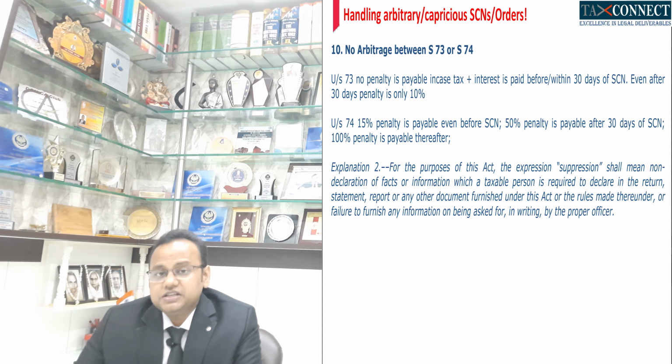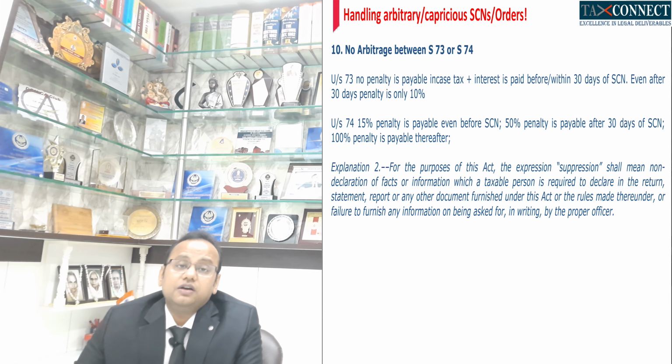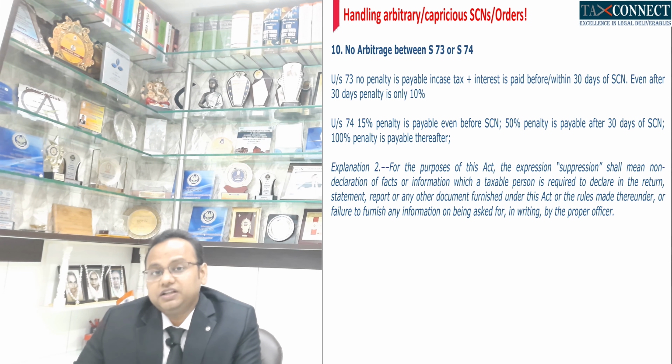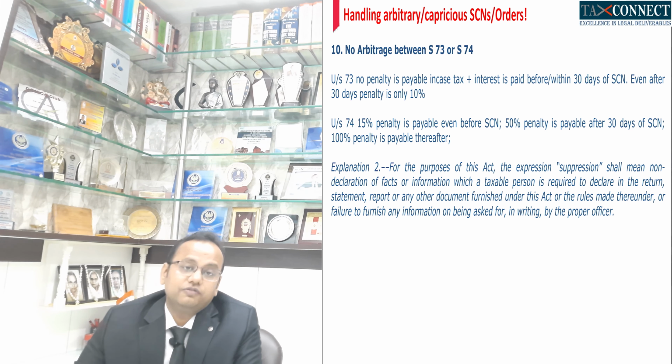Last but not the least, a show cause or an order is issued either under section 73 or 74 of the CGST Act. Section 74 is where fraud, willful misstatement or suppression is alleged. Section 73 is where fraud, willful misstatement or suppression is not alleged.